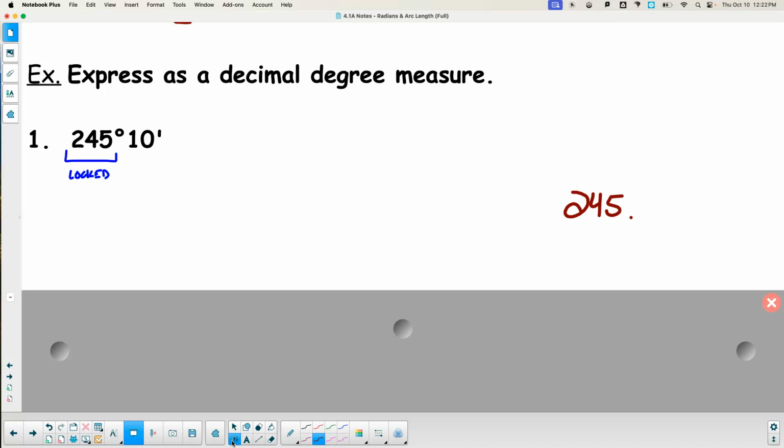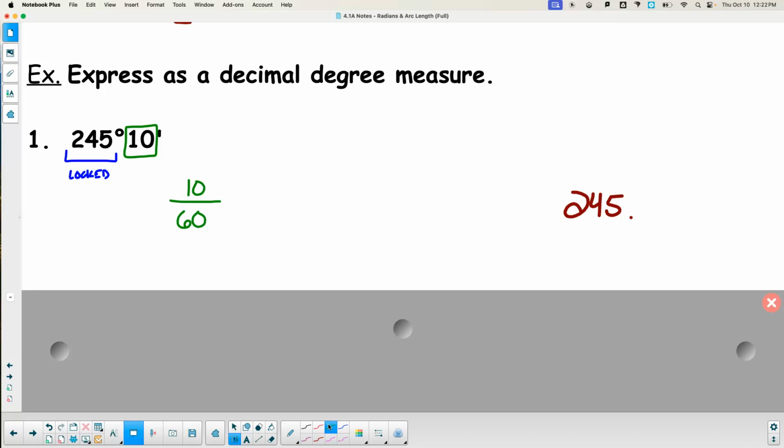Then you take this 10 and you have to divide it by 60 to get it into the same part.